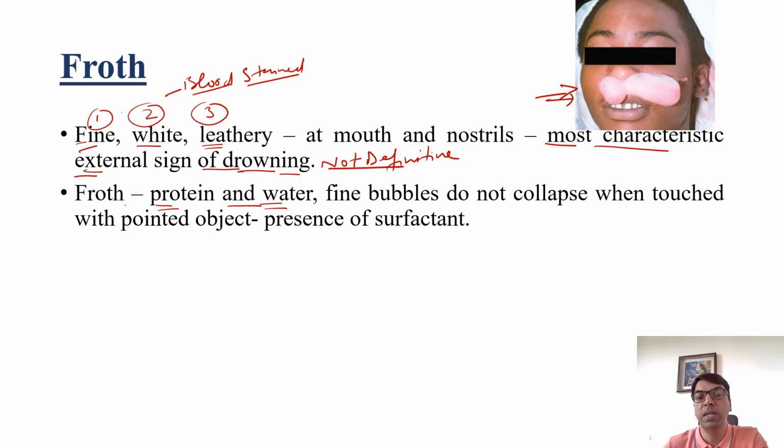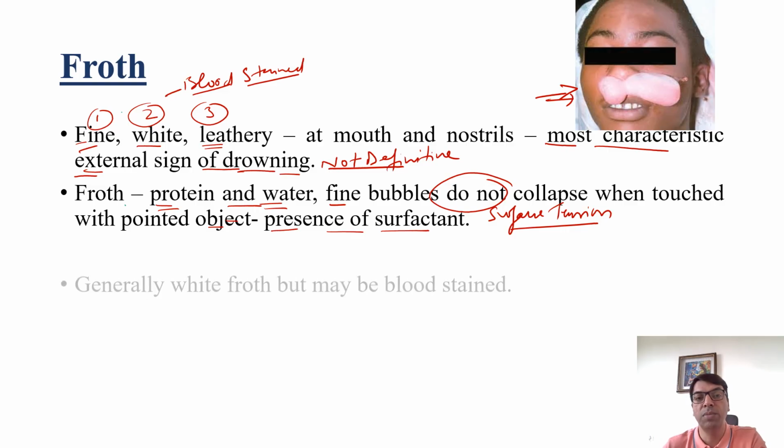The fine bubbles in this froth do not collapse when touched with a pointed object. This is because of the presence of surfactant, which increases the surface tension. Hence, these bubbles do not collapse when touched with a pointed object.